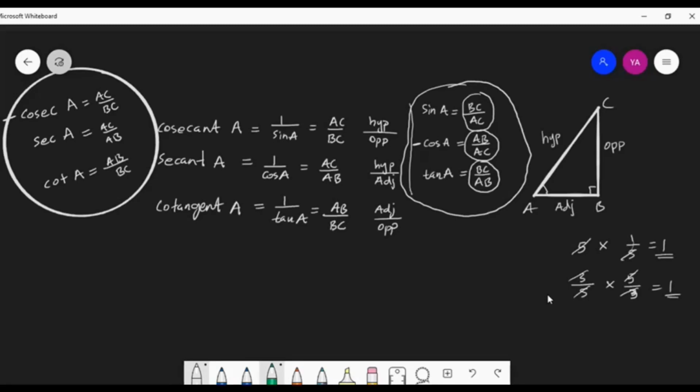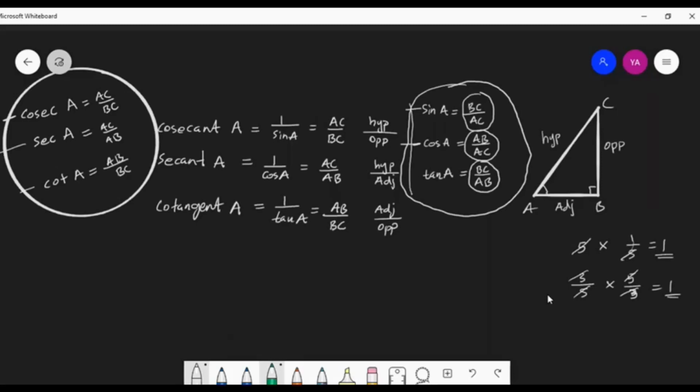That's wrong. Don't compare with the first letter. Cosec A is the inverse of sine A, and sec starts with the letter S, but it is the reciprocal of cos A. And cot A is the reciprocal of tan A. I hope it is clear.